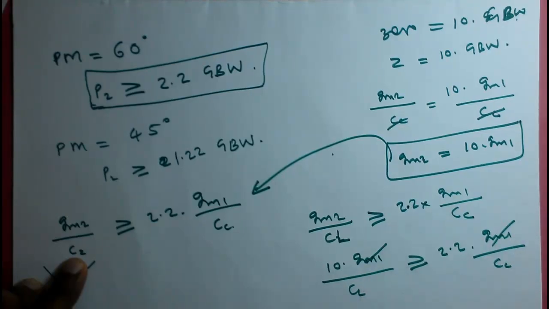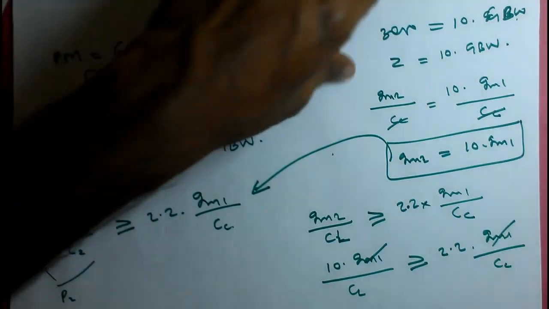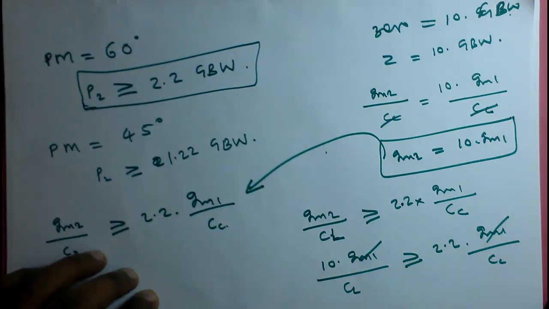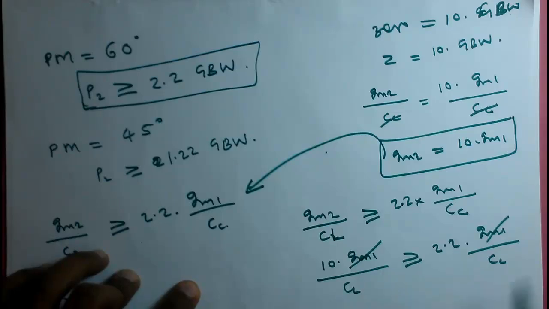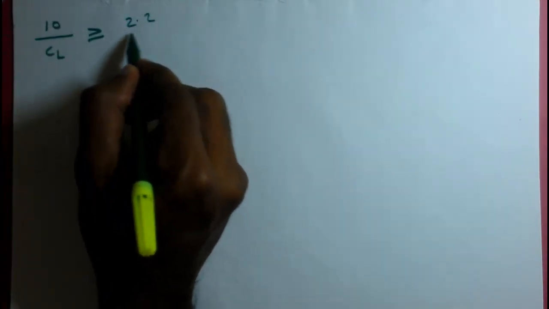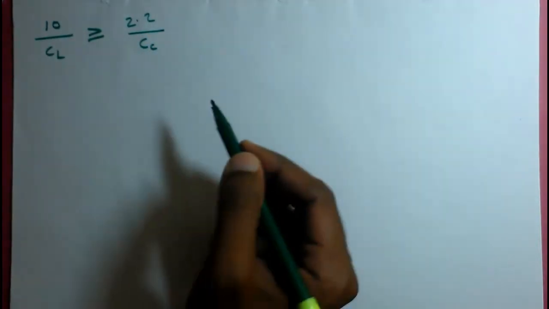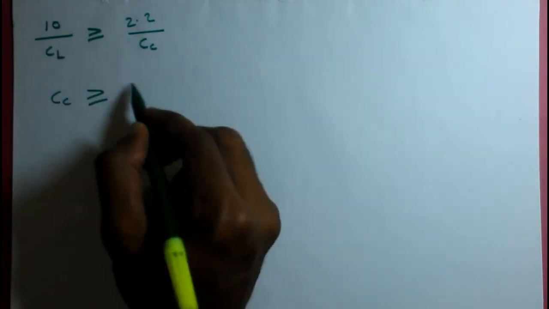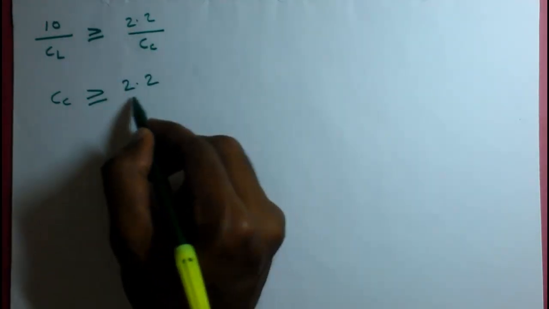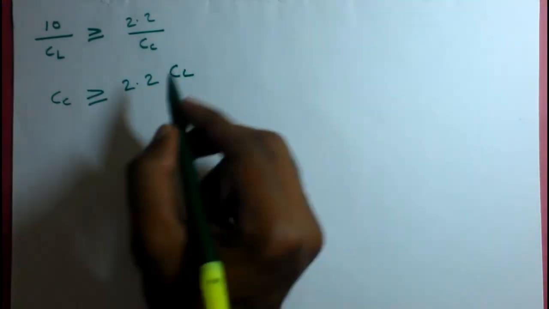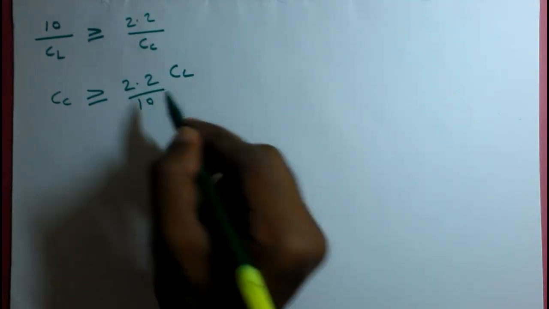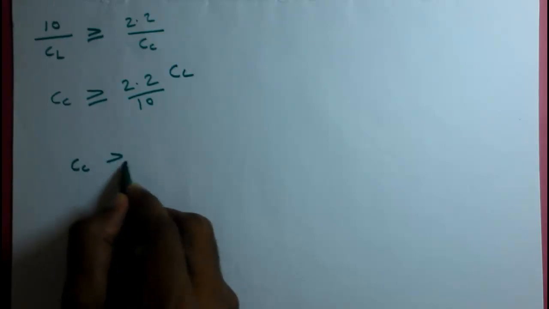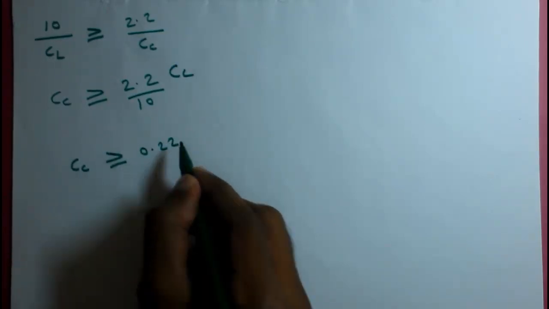This GM1 we can cancel, and what is remaining is 10 by CL greater than or equal to 2.2 by CC. So we can rearrange it as CC should be greater than or equal to 2.2 times CL by 10. So from this, CC should be greater than or equal to 0.22 times of CL.